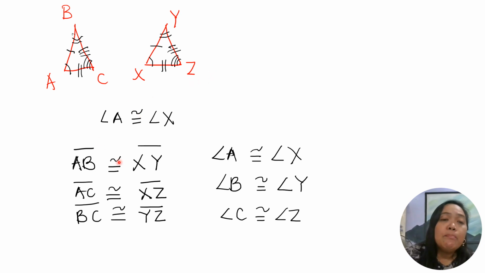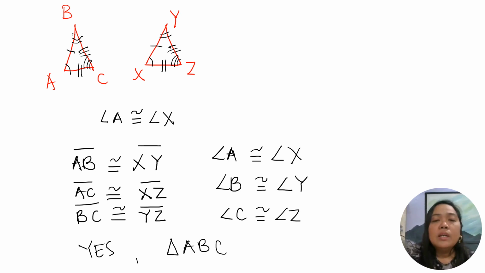Thus, the corresponding parts of triangle ABC and triangle XYZ are congruent. The answer is yes. Yes, the corresponding parts are congruent. Therefore, we can now conclude that triangle ABC is congruent to triangle XYZ.